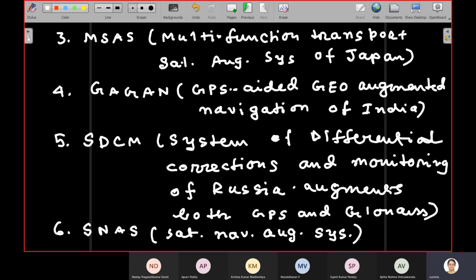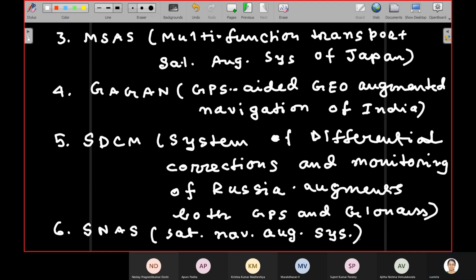Now, why were these systems developed? As I said, they transmit additional corrections to improve accuracy and reliability. Originally, these SBAS systems were commissioned to support aircraft navigation, since it's a safety critical operation, and GPS or GNSS as a standalone system does not provide sufficient accuracy and reliability.